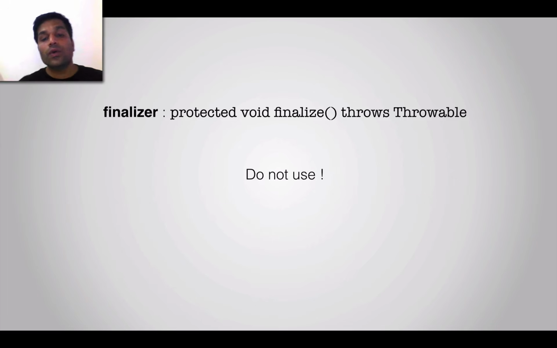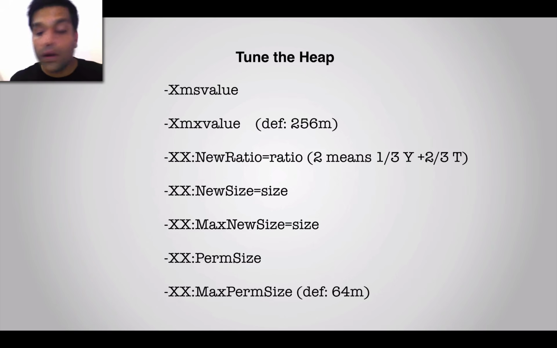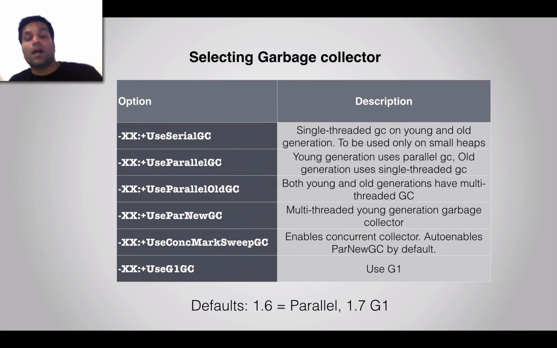Now, given that, how do you really use these garbage collectors? So in this slide, I'm just showing how you would use a given garbage collector in your application. Suppose you want to use the single-threaded serial garbage collection. You would use this option -XX:+UseSerialGC.